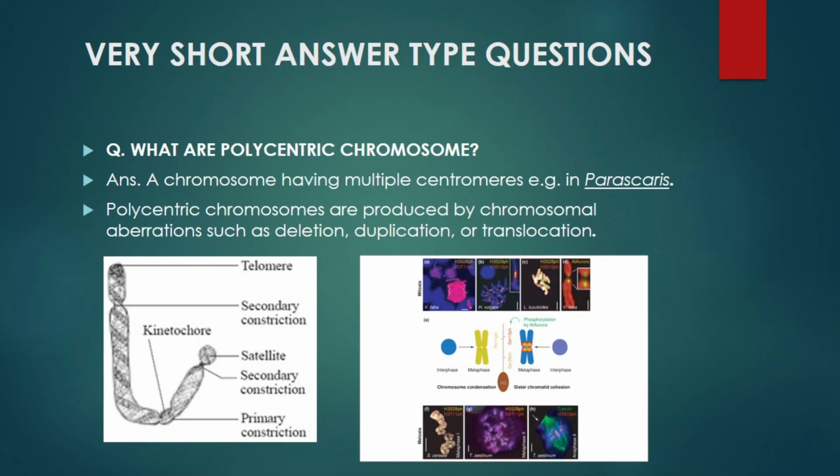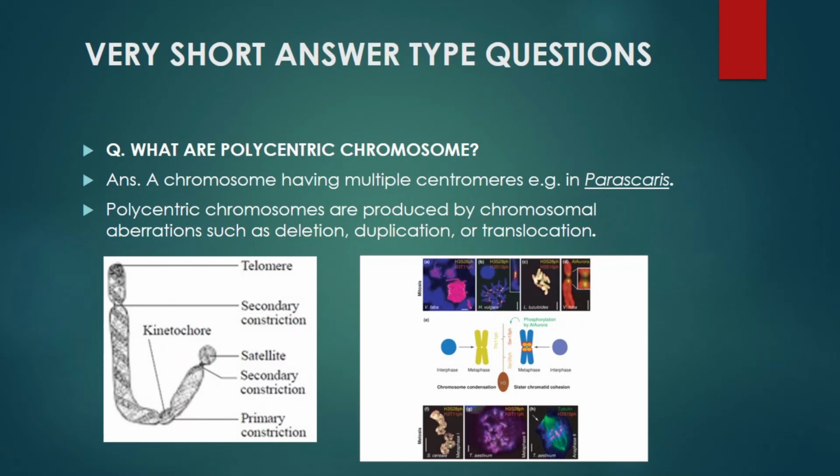It happens when something is deleted, or when the cell duplicates the DNA, the genetic material, or when a gene is translocated, like a mutation. At that time, through chromosomal aberrations, these polycentric chromosomes are produced.